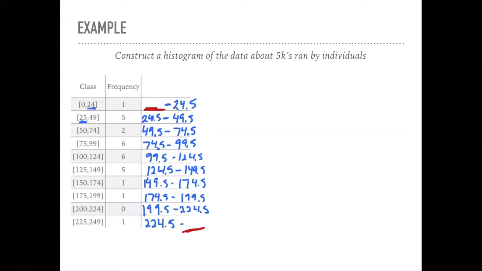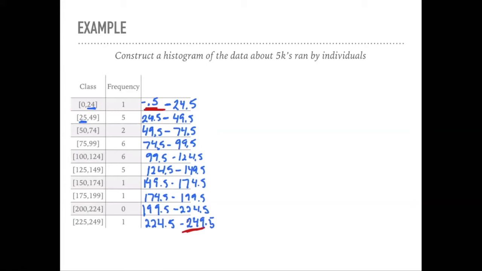But what we'll notice is this upper boundary is going to be 249.5, and this first one's going to be negative 0.5. If you're thinking about what the class would be that's below this, its upper limit would be -1.